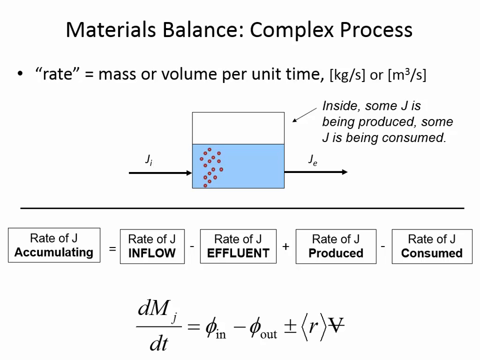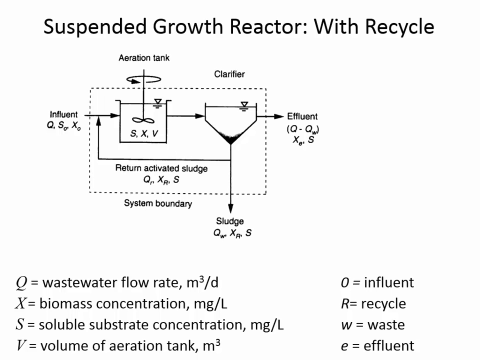So it would be plus if it's a production reaction, and it would be minus if it's a consumption reaction. So this is nice and simple. This may be the simplest equation we look at tonight. We get into some pretty bizarre equations this evening just because once you have recycling solids like we've got in an activated sludge aeration basin, things get a little complicated.